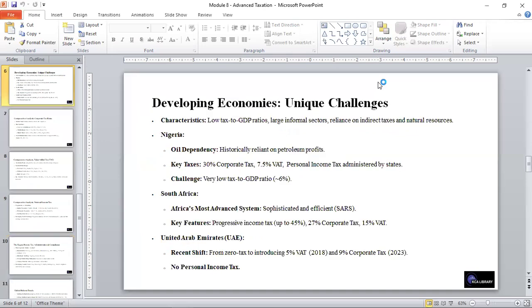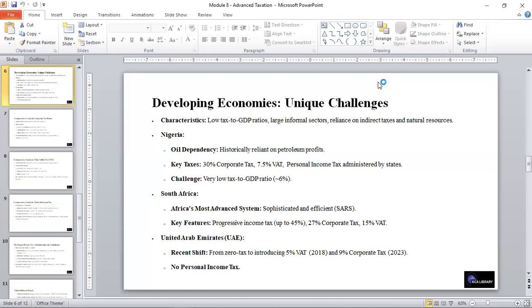And for developing countries, they are characterized by a low tax-to-GDP ratio, a large informal sector, and reliance on indirect taxes and natural resources. An example of this is Nigeria, which is more dependent on oil as a source of income, and now it's still trying to change.